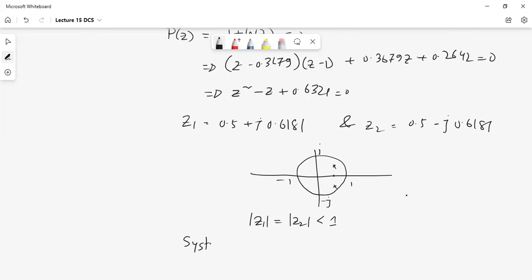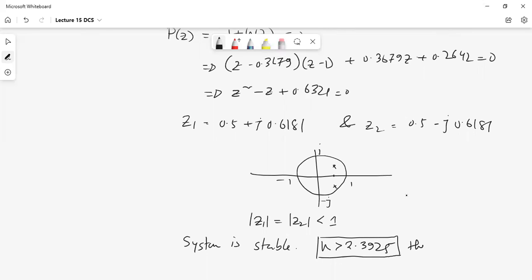The system is stable. So we had a gain value K. If you want, you can also show that for K greater than 2.3925, if the value of the gain is greater than that, then the system will become unstable.